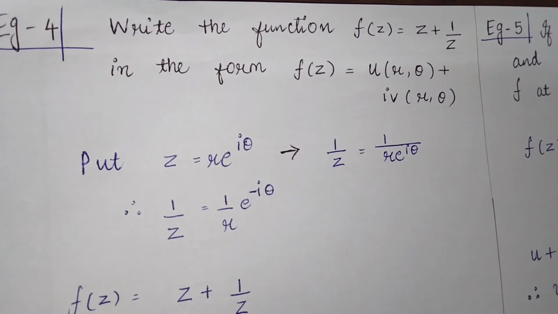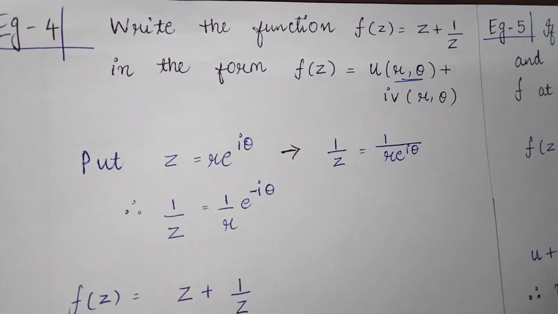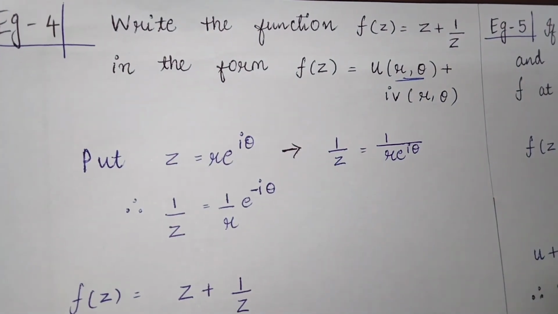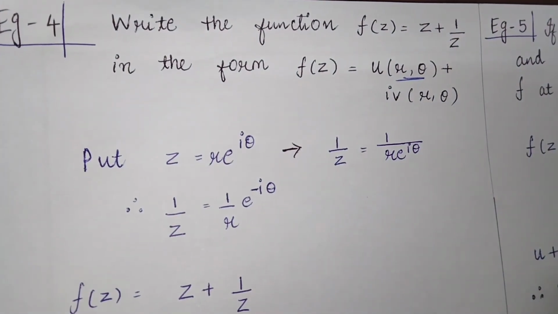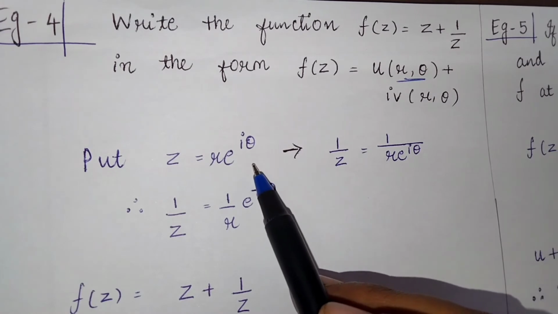Now whenever theta is given, it means we have to convert the equation into polar form. What is given here? Theta. So we have to convert this given function into polar form. And in order to convert it into polar form, we have to put z equal to r e raised to i theta.